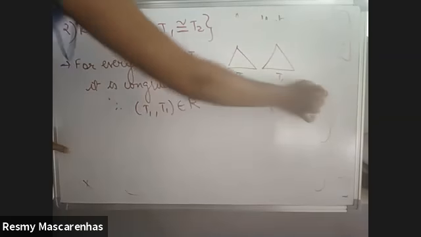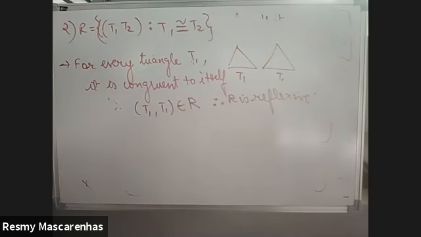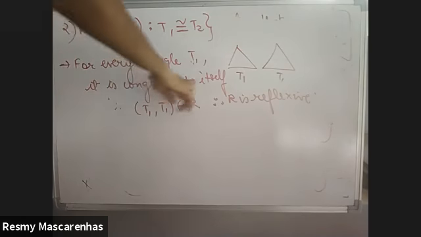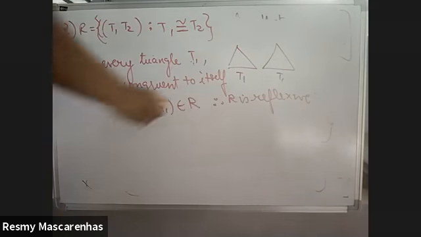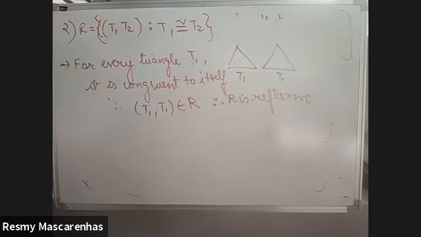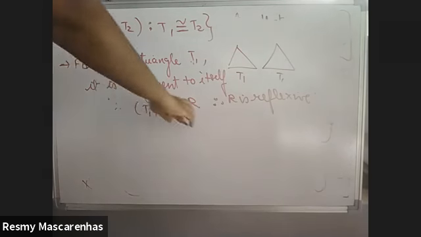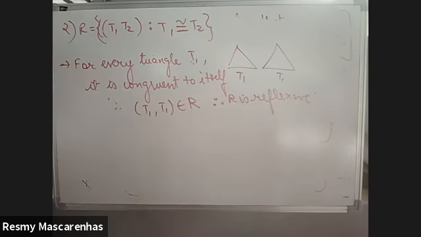Fixed steps. You have to write like this only. You can change this a little bit as per your language, however you want to write, no problem. But this is fixed. Some places they might use A also because they are given on set A. Whether you write A or R, it means the same. So this is for reflexive.